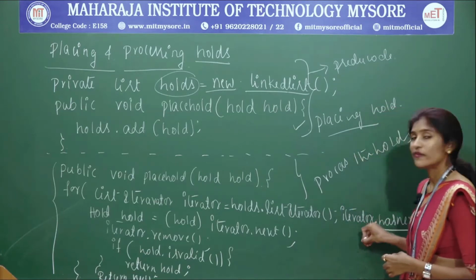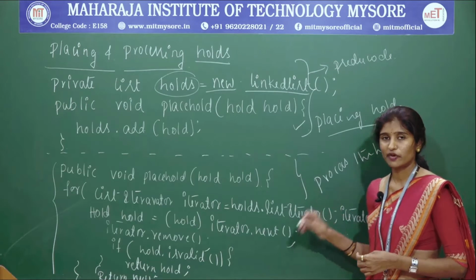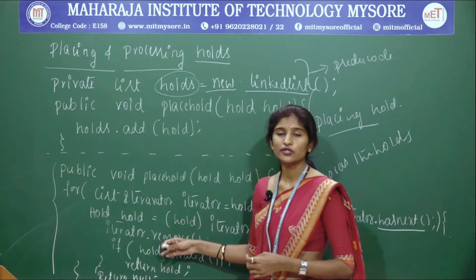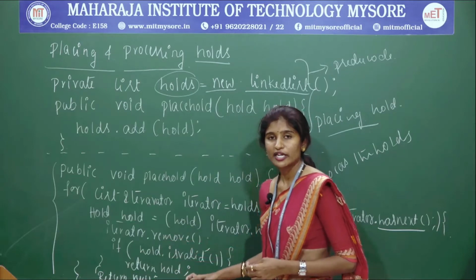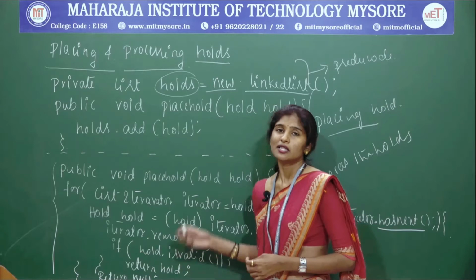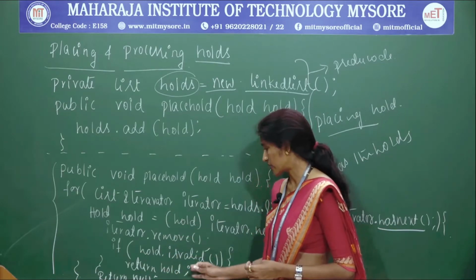When you find the hold that is placed for a particular book, you are going to remove that from the list. Then you are going to check whether that hold is valid or not valid, meaning the book ID and the member ID who placed it are checked there.